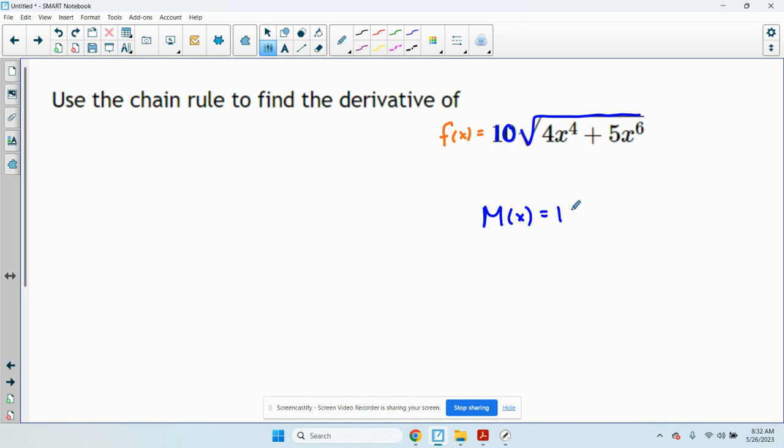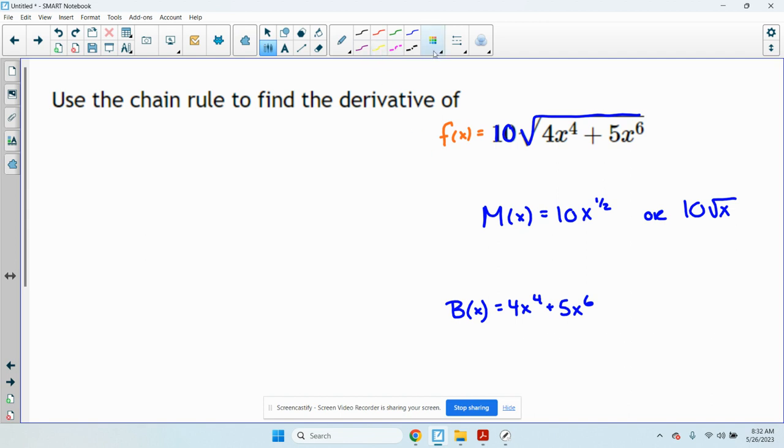This is 10x to the 1/2, or 10 times the square root of x. The baby is the inside, 4x to the 4th plus 5x to the 6th.